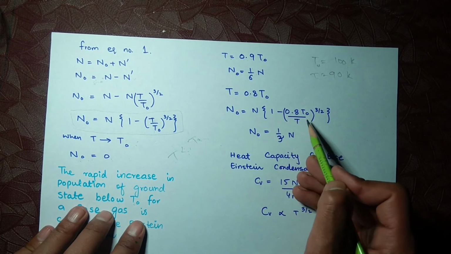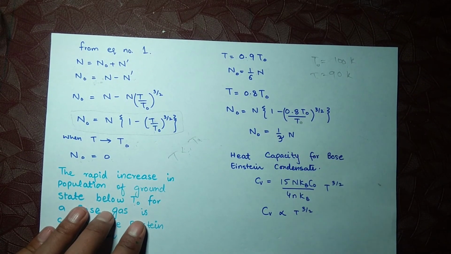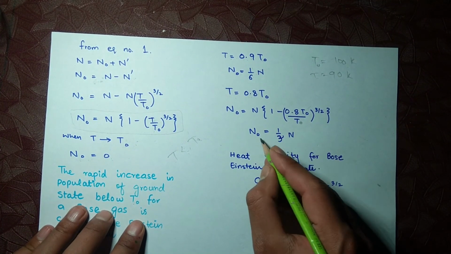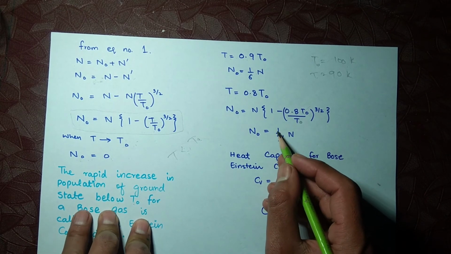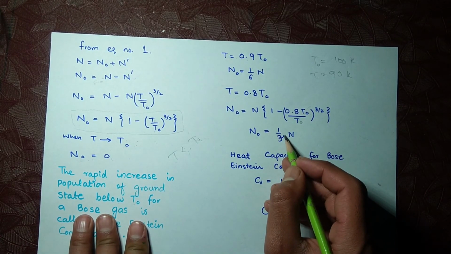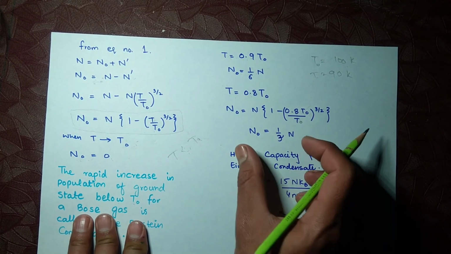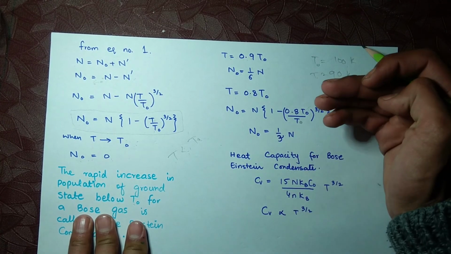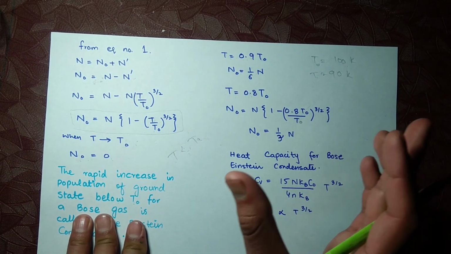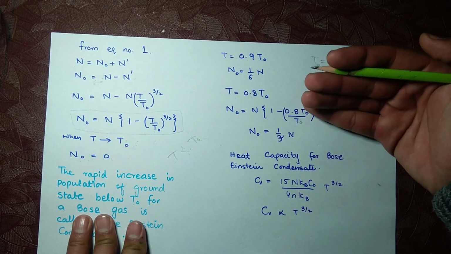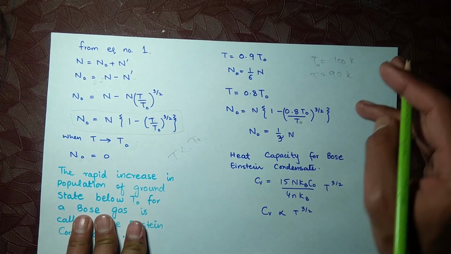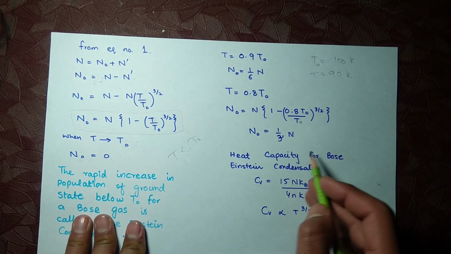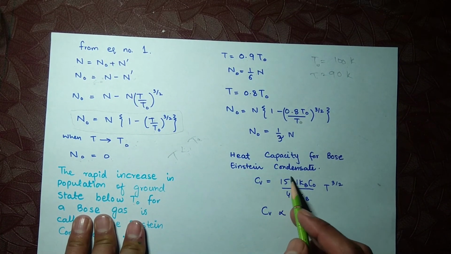Putting that value here, this T naught cancels out with the other T naught, and solving it out, N naught will be nearly equal to 1/3 of the total N. This shows that with a small change in the temperature, a large number of bosons are jumping down to the ground state.